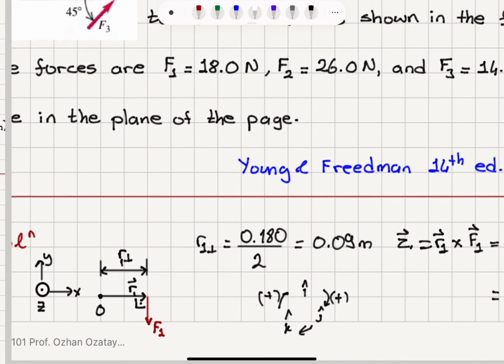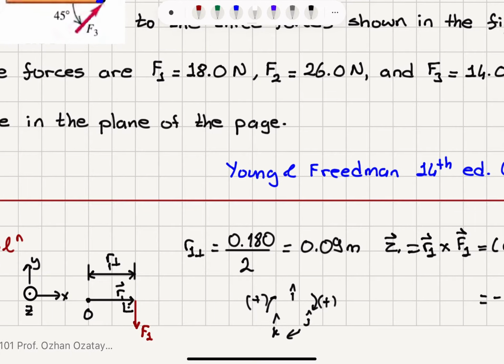So you can see here, this is our R1 perpendicular, and this is our F1. R1 perpendicular, of course, you cannot see because it's hidden in the arrow. So we can see that it's going to be pointing in the minus k hat direction.